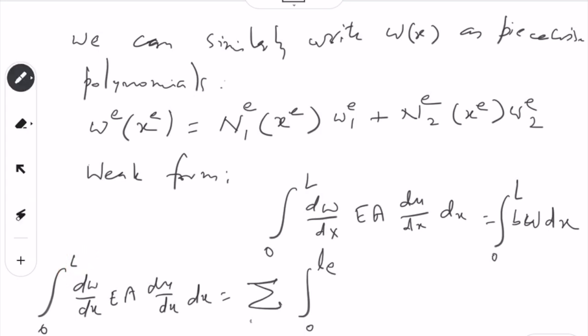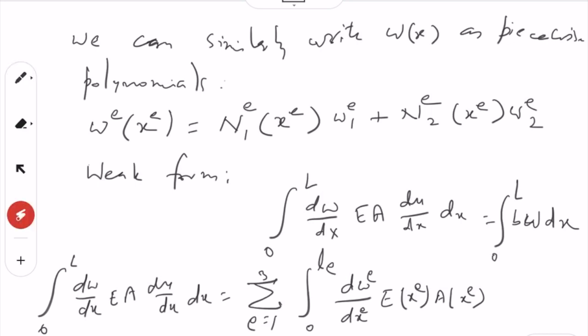So, we will have e equal to 1 to 3 because there are 3 elements, and then we will have dw of element number e over dx of element number e, and then a can be a function of x e, and then we have to put du e over dx e, and dx e.